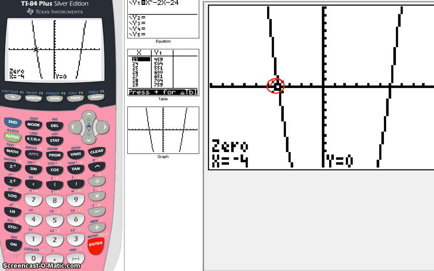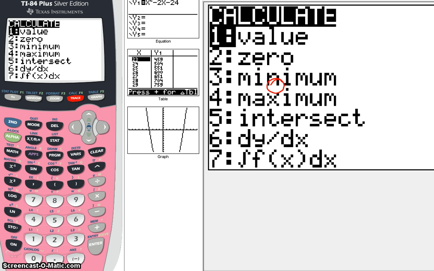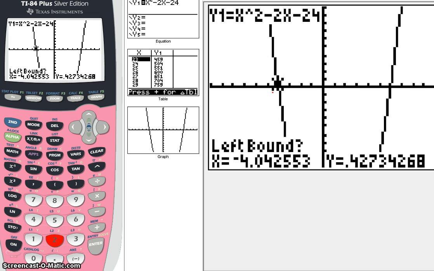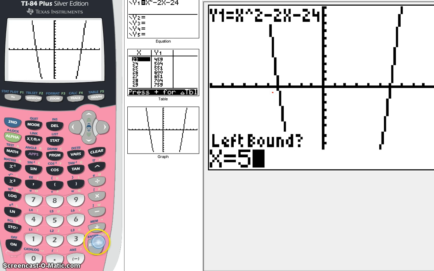I would actually have to repeat the entire process. So second, trace, choice 2 for 0. This time I'm looking at the one that I think is at 6, so that's between 5 and 7. So for left bound, I type 5 and enter.